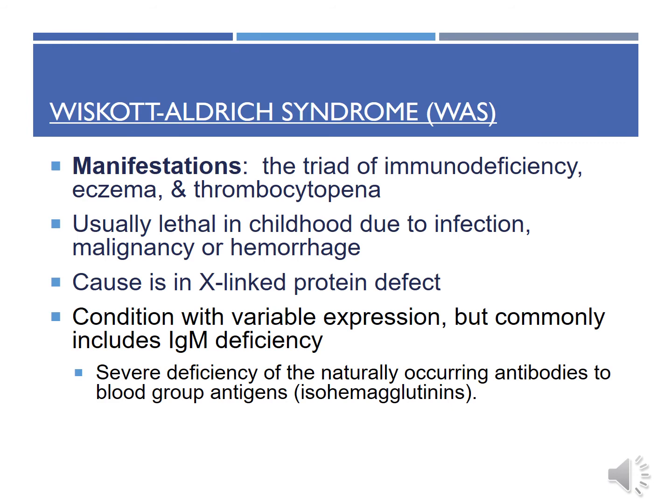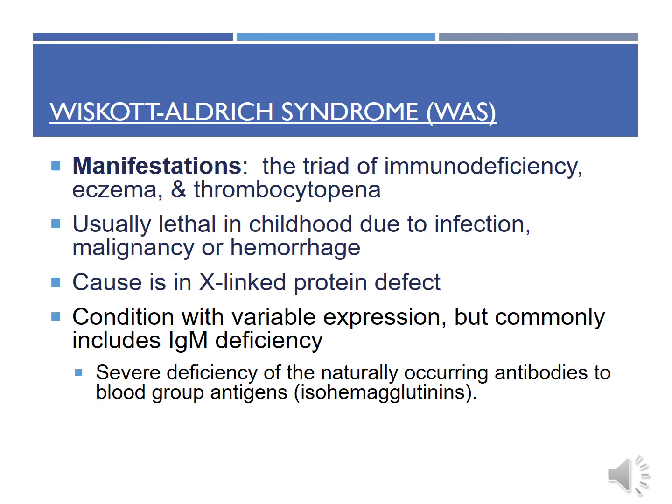Another combined immunodeficiency is Wiskott-Aldrich syndrome, or WAS. WAS is a rare X-linked recessive syndrome that is characteristically referred to as the triad. We'll have immunodeficiency, eczema, and thrombocytopenia typically.